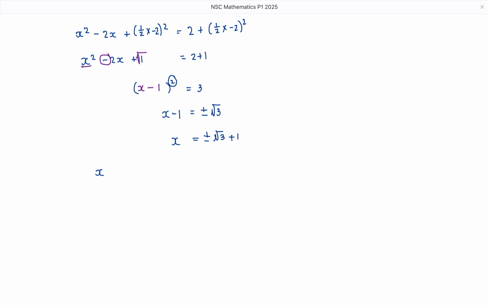So this question said we have to round off to 2 decimal places. So on the calculator, you will have to type this in. And for our first one, we would probably get 2,73, and then for the next one, minus 0,73.